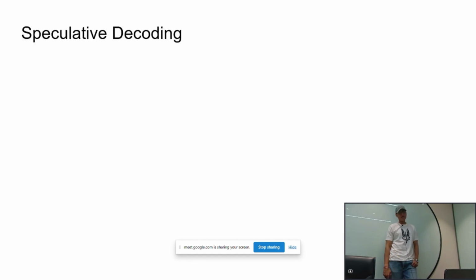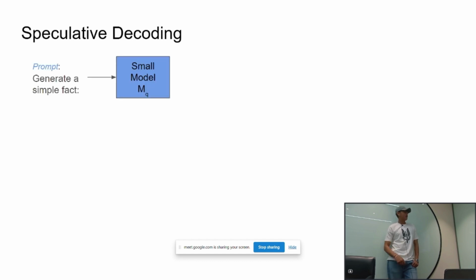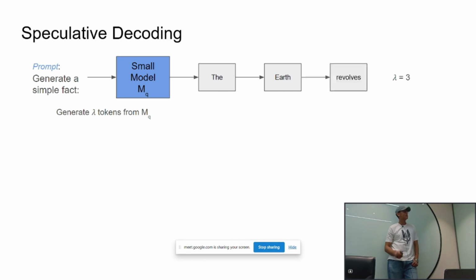Now, how does speculative decoding work? What we do is that we start with a small model. Let's call it Mq in this case. And we ask this small model to generate some lambda number of tokens. In this case, lambda is 3. So the small model will generate 3 tokens, the earth revolves.